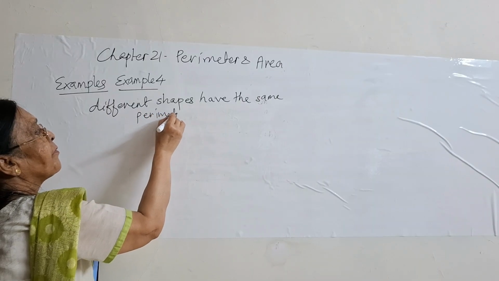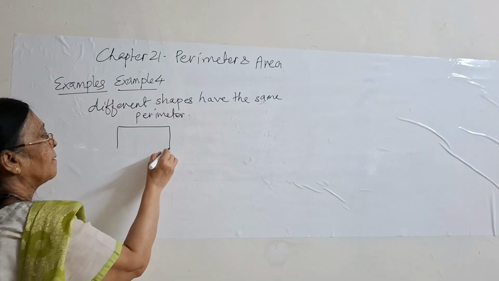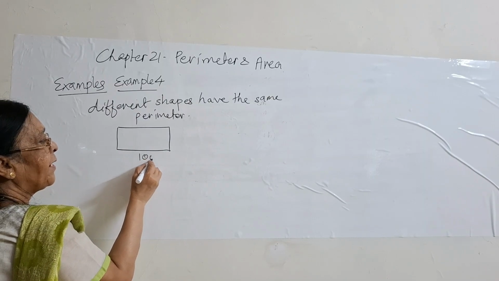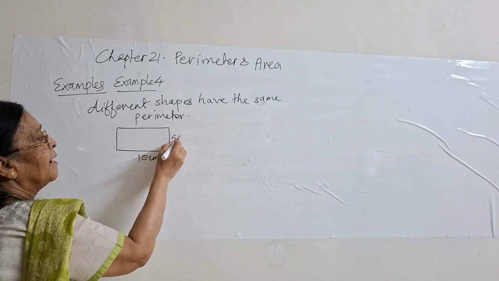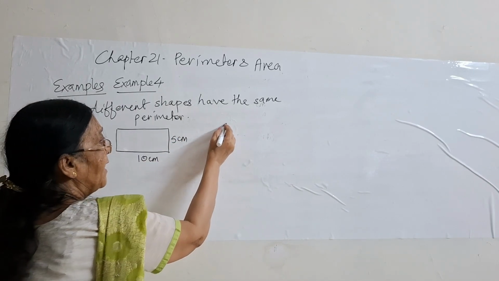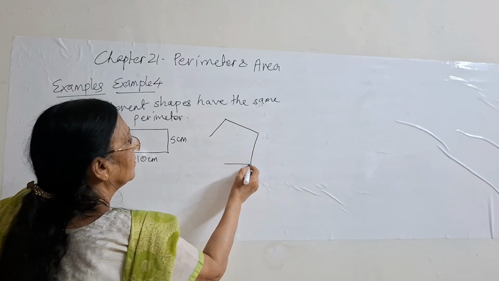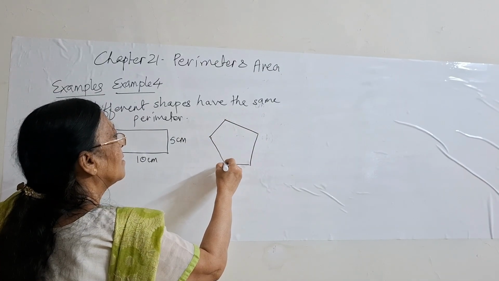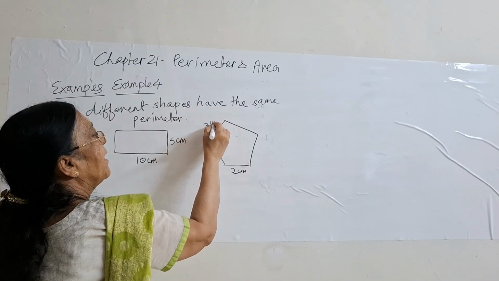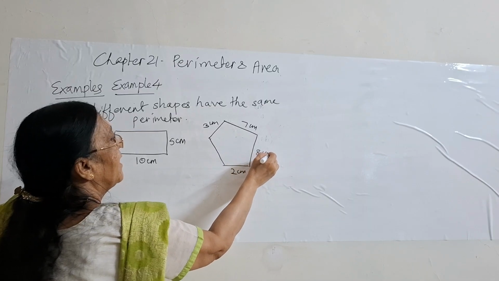Now, which different shapes are given? First they have given a rectangle with length 10 centimeters and breadth 5 centimeters. And another figure is given, which is a pentagon, with sides 2 centimeters, 3 centimeters, 7 centimeters, 8 centimeters and 10 centimeters.